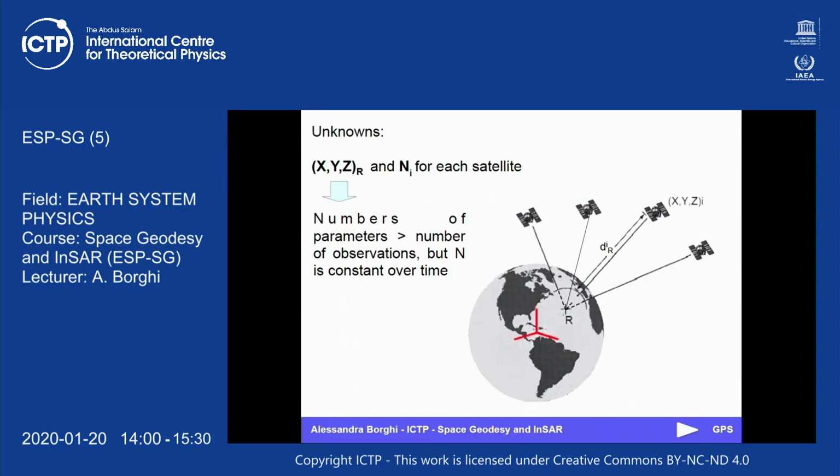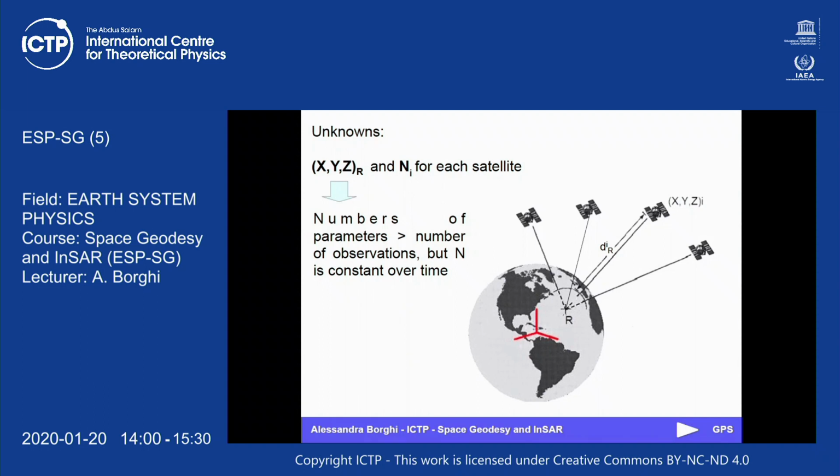In this case, the number of unknowns are 3, 4 for the offset, 5, 6, 7, 8. We have 8 unknowns. So we have to write a system with at least 8 observation equations.